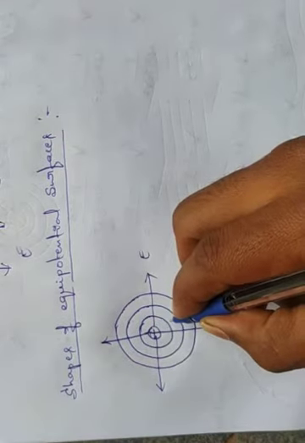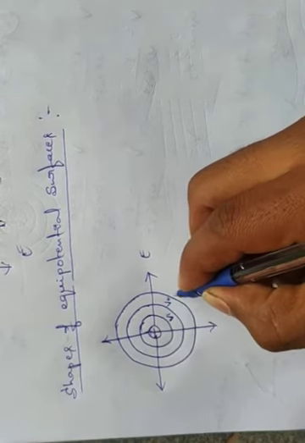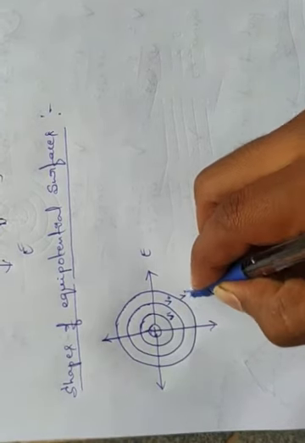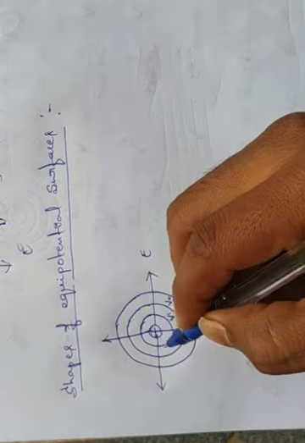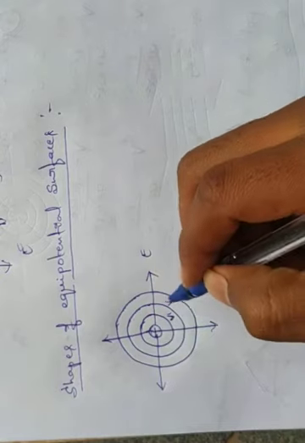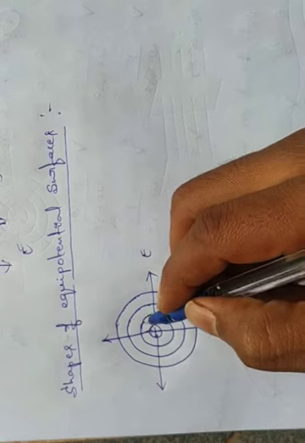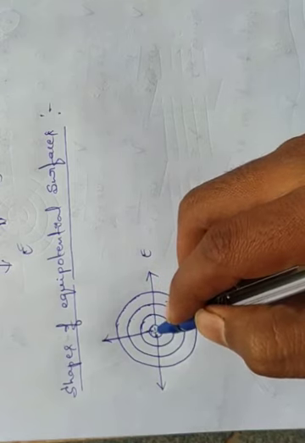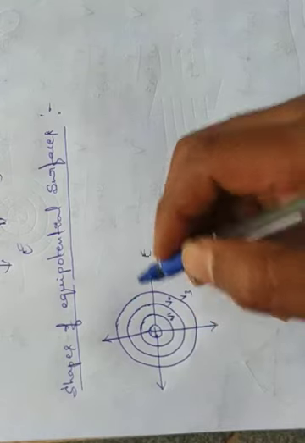Suppose surface 1 has the potential V1, surface 2 has the potential V2, and surface 3 has the potential V3. On each surface you can measure anywhere, the potential is the same, so the work done to move a charge on this surface is zero.